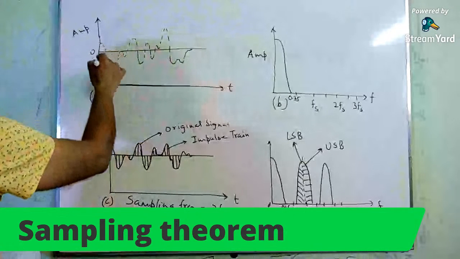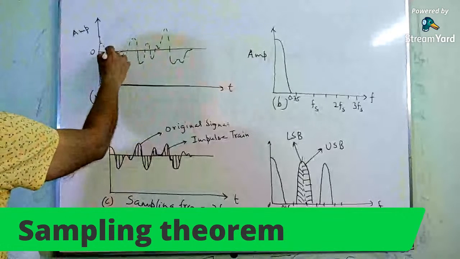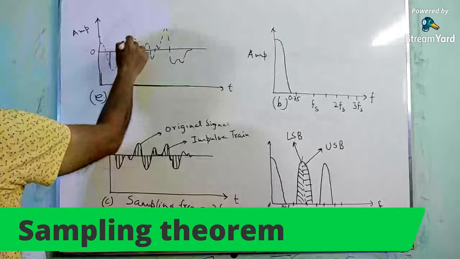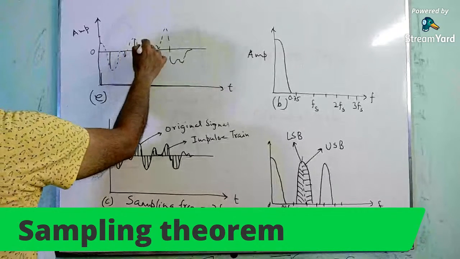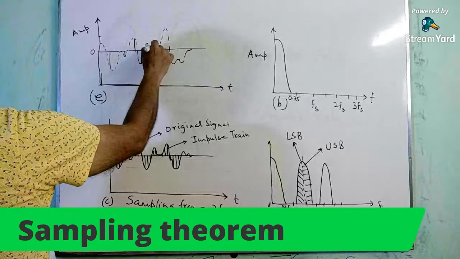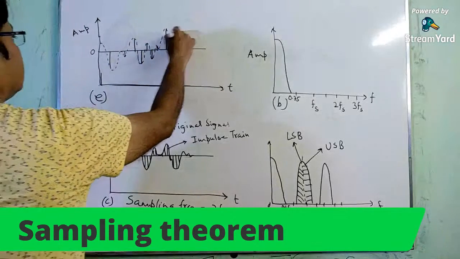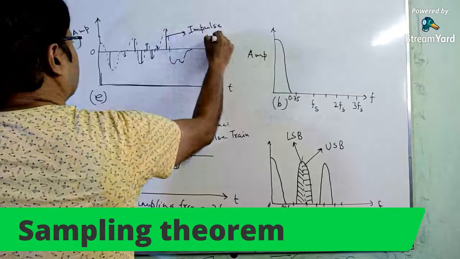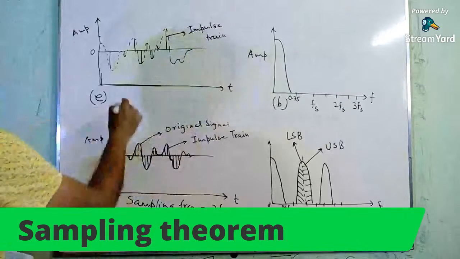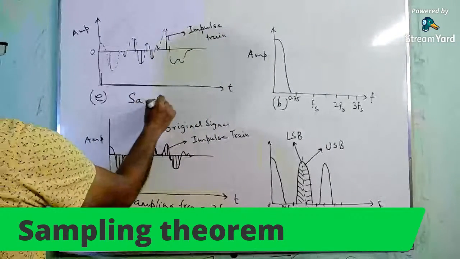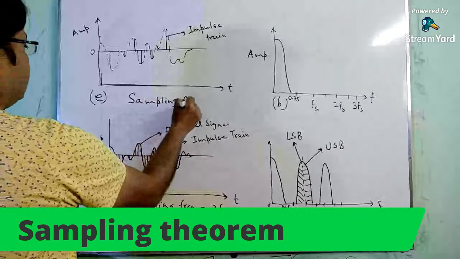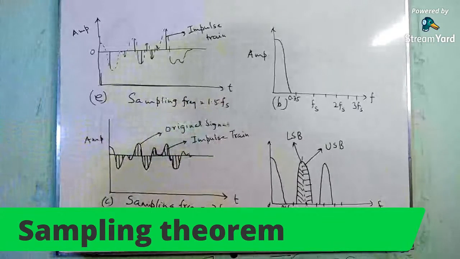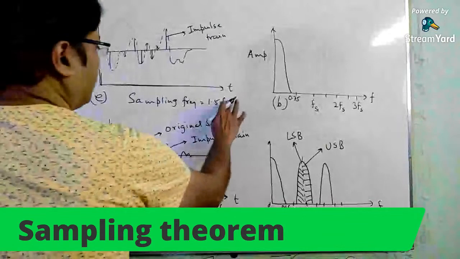Now, as I am talking about the sampling frequency, this is the impulse train. Here the sampling frequency is 1.5 f.